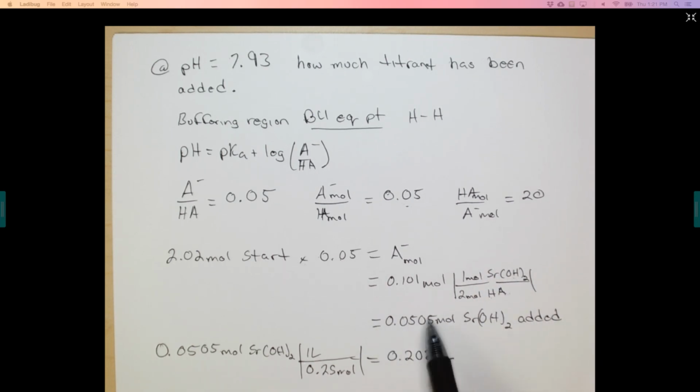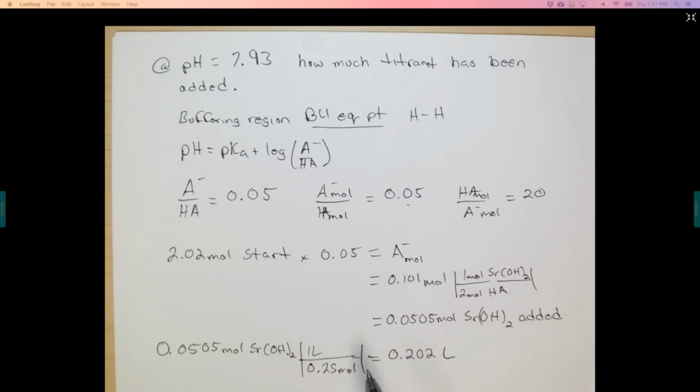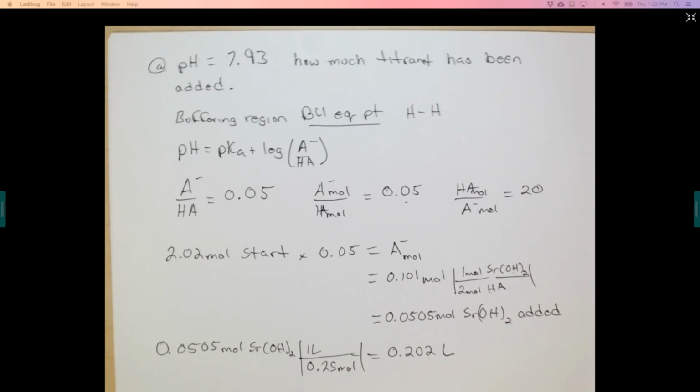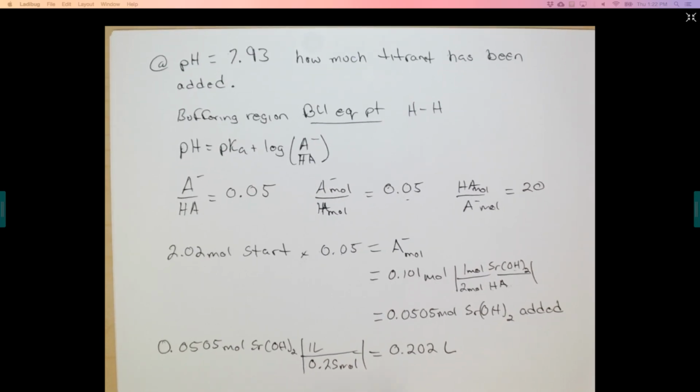Then that gives us this many moles, and we can back calculate volume. So that is an expanded type of problem, more along the speed of what you're going to see in the exam. I went from the pH before titrant, the pH when 1 liter was added, the pH at the equivalence point and how much was added, and then at a given pH, how much was added. So this is a great example of a multi-step problem.